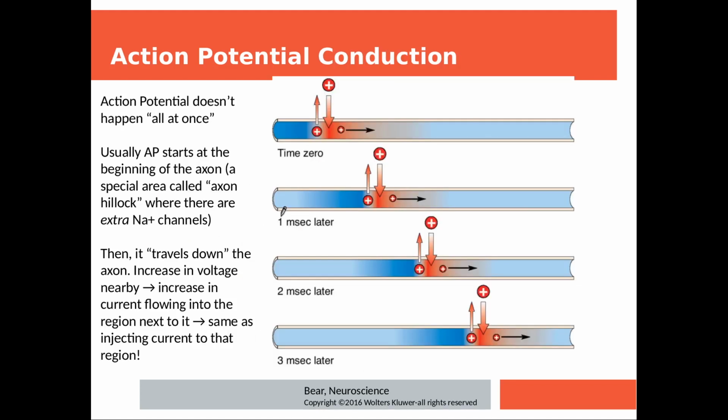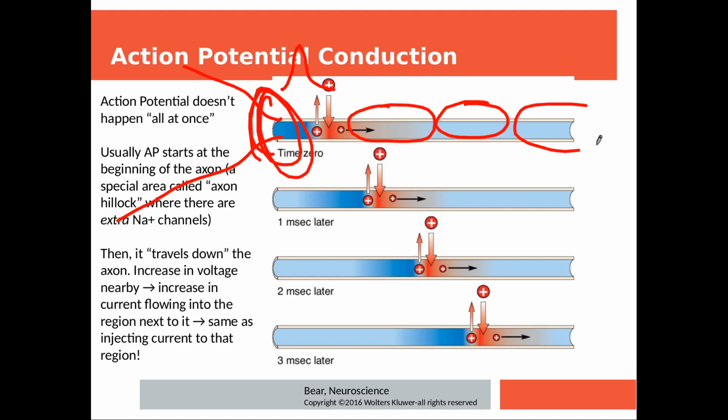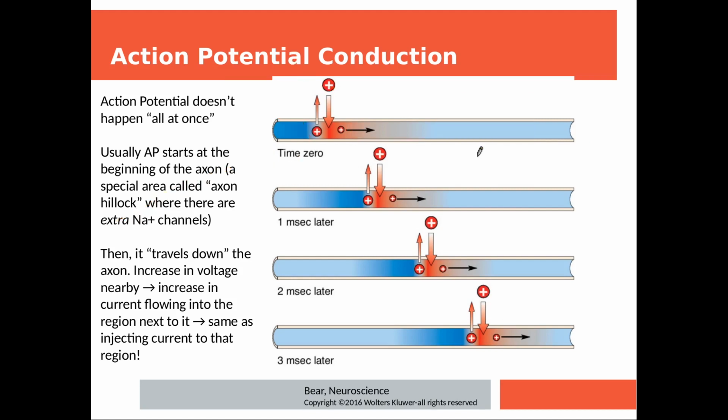And then, if you think about it, if this is the cell here, and this is the hillock, when you change the membrane potential here, it goes up, right? It takes a while for the voltage to flow along the axon. But as it flows along the axon, the same thing happens. You have an action potential here, just this little part of the axon. Then the voltage will increase, which will cause a current to make the next part increase its membrane potential.